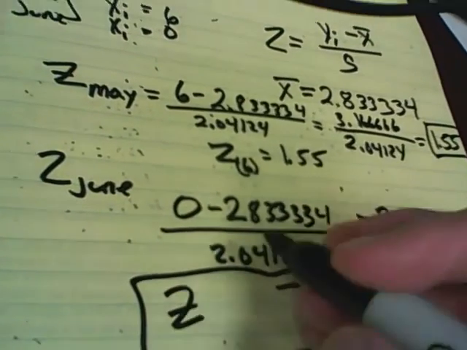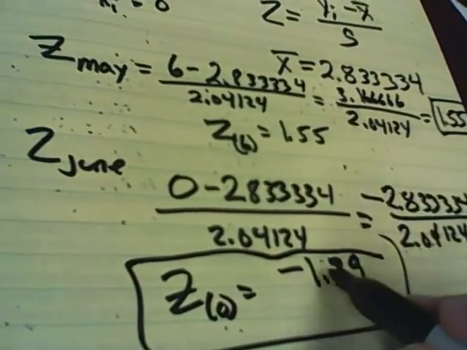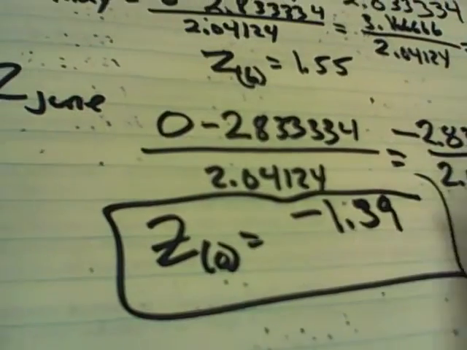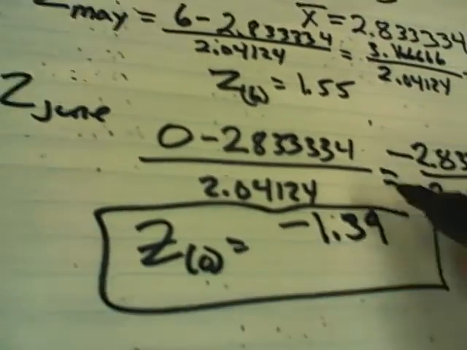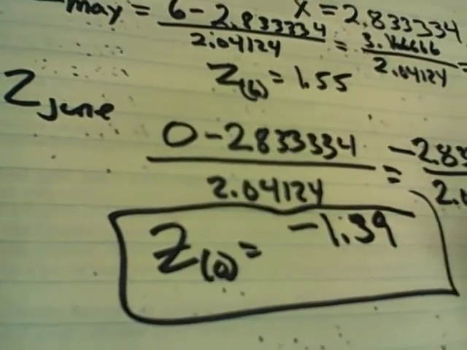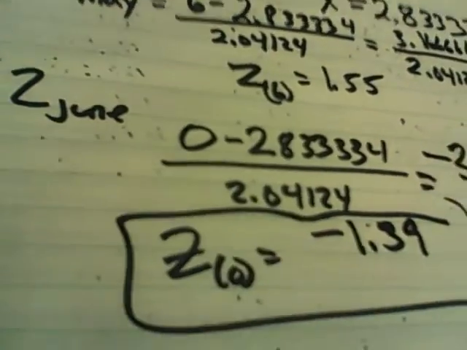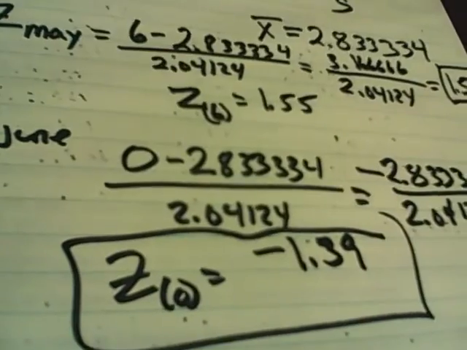So our z-score of 0 is negative 1.39. That means that 0 is 1.39 standard deviations to the left of the mean.